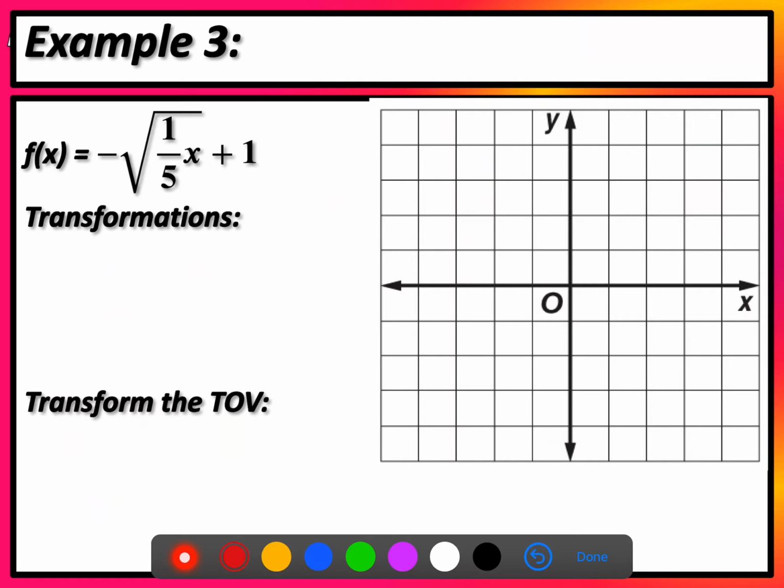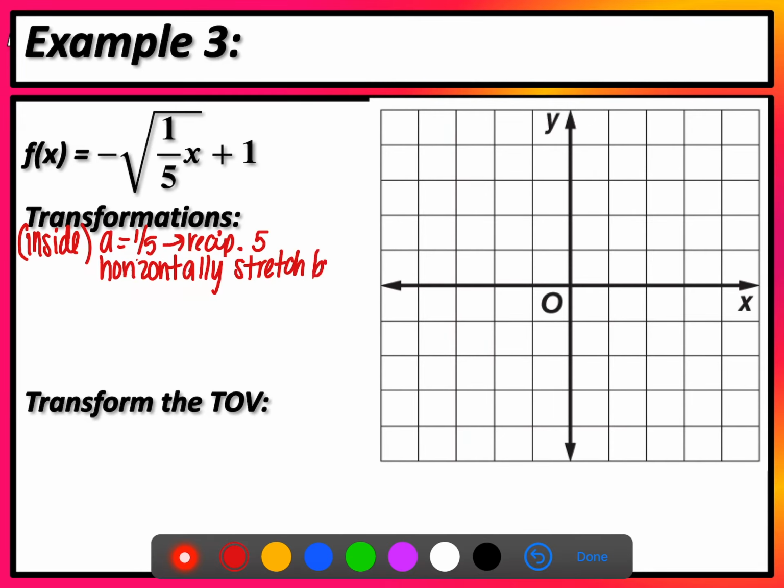Okay, we'll do one more. So a square root function. Okay, so inside, I have an a value. Okay, so I see that it's 1/5, but remember on the inside, we really use the reciprocal. So I'm looking at a 5. Okay, so this is going to horizontally stretch by 5.